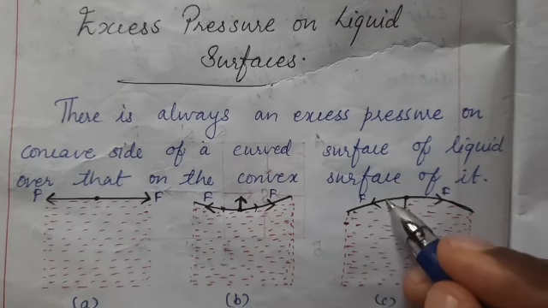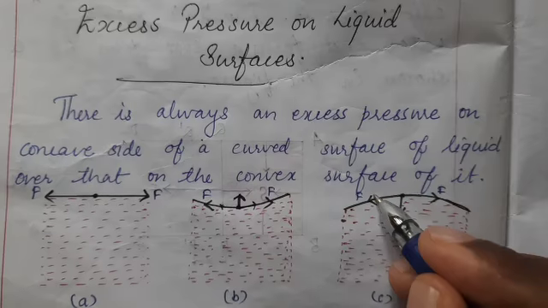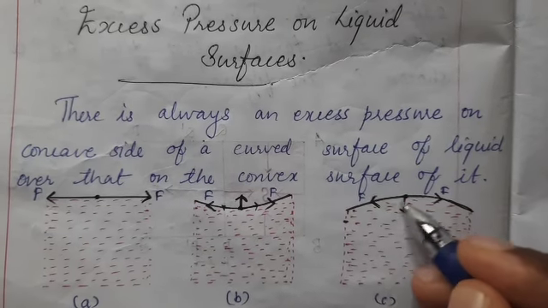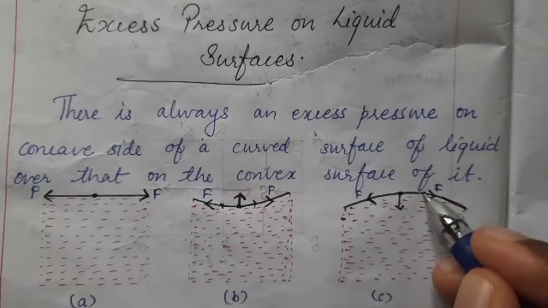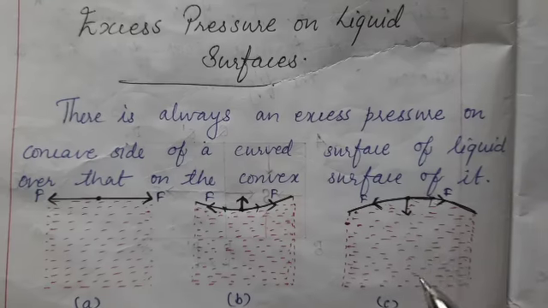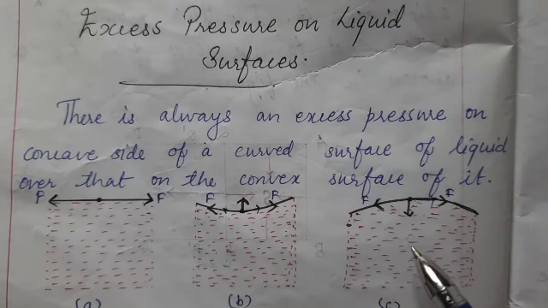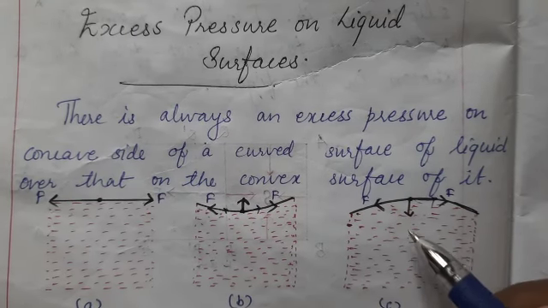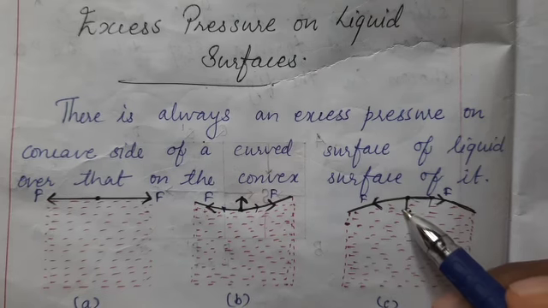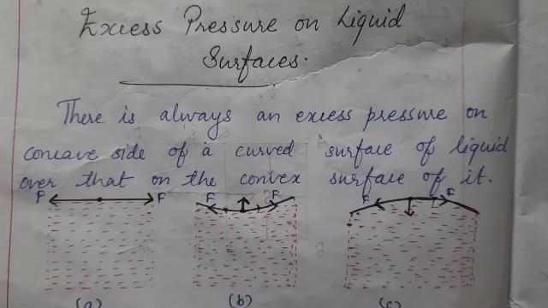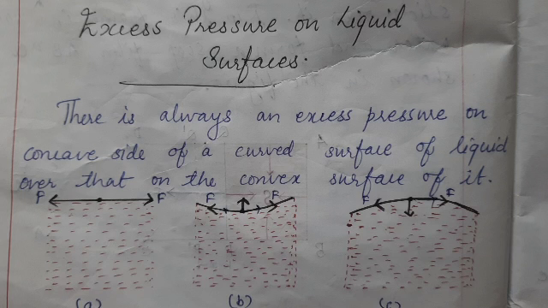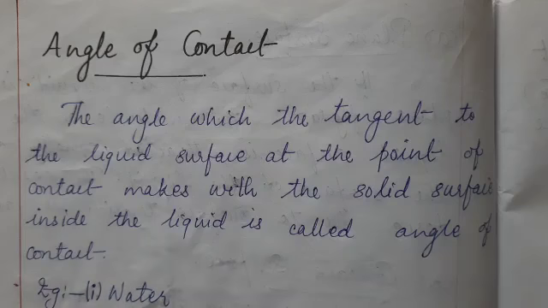In the same way, this molecule here will be pulled down by a molecule here, so there is also an excess pressure. Here it is downward, and here it is upward. We will calculate how we can measure this excess pressure. That's our next task.